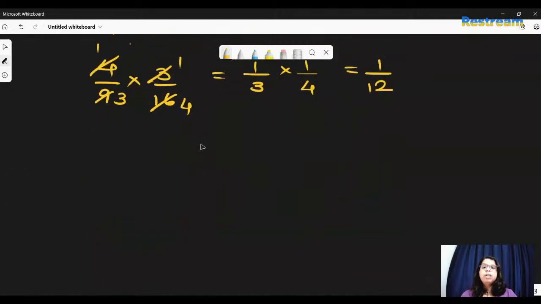So what if we have mixed fractions? Let's say I have 1 3 by 4 multiplied by 2 6 by 7. In this case, I have to make sure that I convert both the fractions into improper fractions.